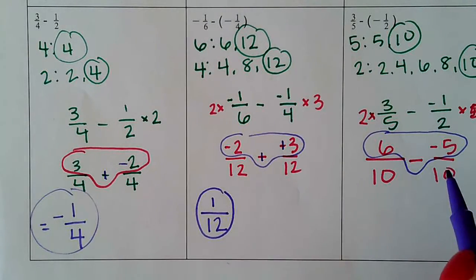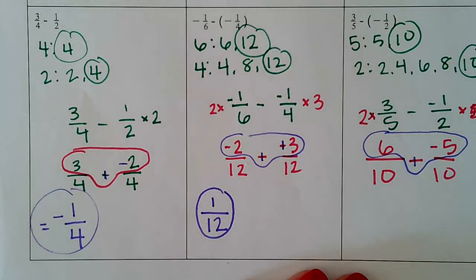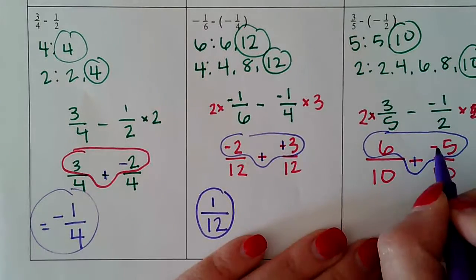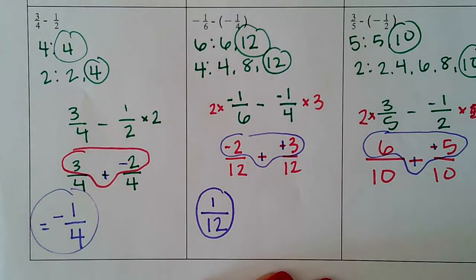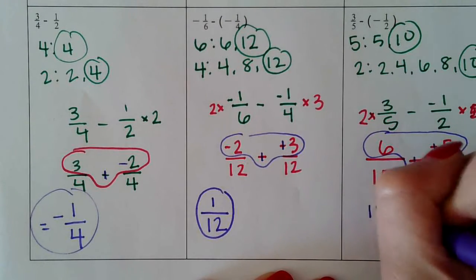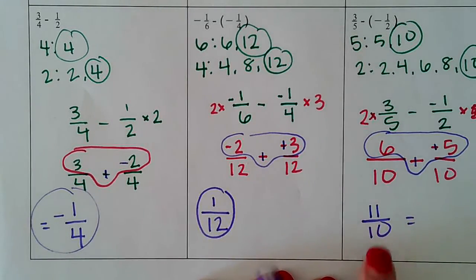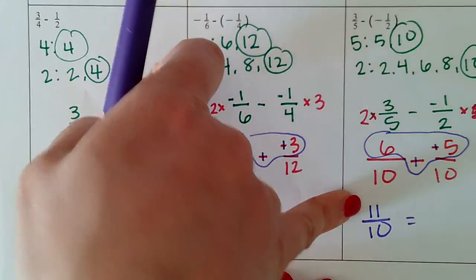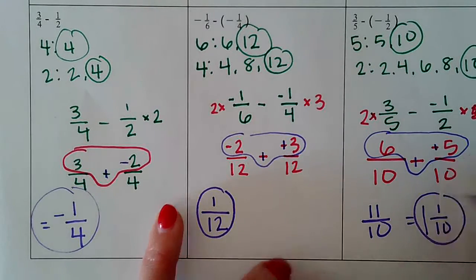Because it's a subtraction, I'm going to go ahead and turn this into positive. So we're going to turn that to a plus sign, find the opposite of that negative, which is positive. So now I've got 6 plus +5. 6 plus 5 is 11. My denominator stays the same. This is an improper fraction since that numerator is larger, so I can rewrite it as 1 and 1/10.